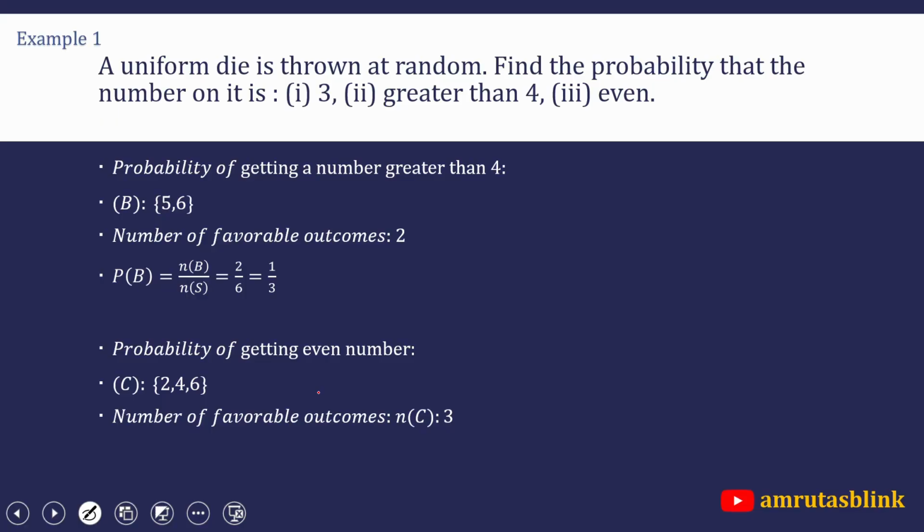Hence the number of favorable outcomes n(C) is equal to 3, and P(C) is n(C) upon n(S), which is equal to 3 by 6 and is equal to 1 by 2. So for the second question, greater than 4, the probability is 1 by 3, and for the third question, the probability of getting an even number is 1 by 2. So I hope you have understood our first problem, which is a very basic one, but yes, you may have problems similar to this one in your exams.